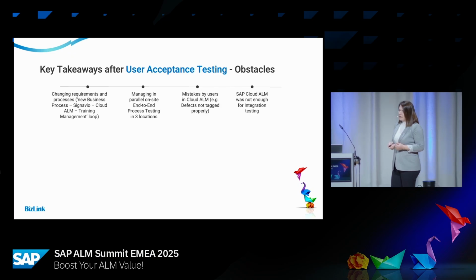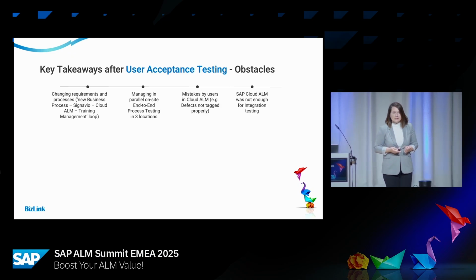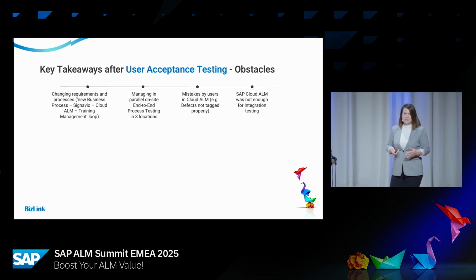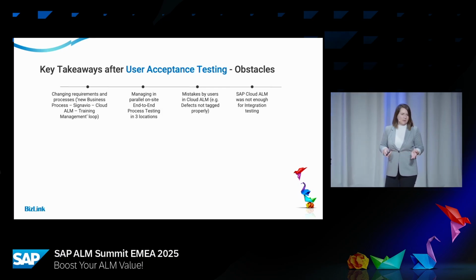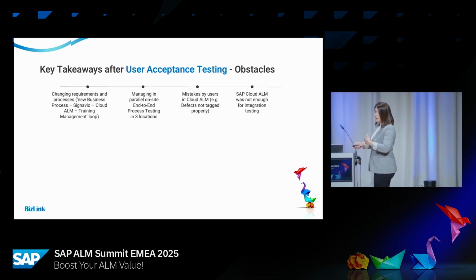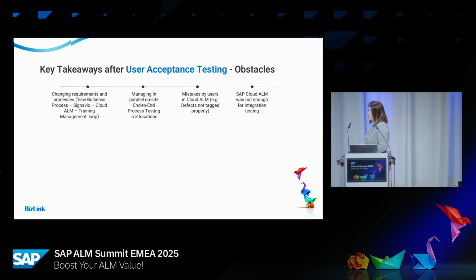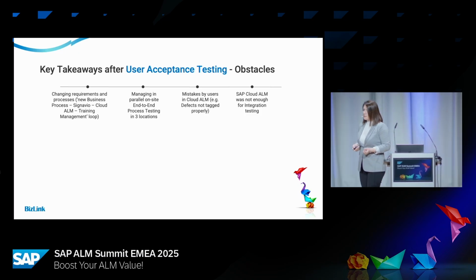What we saw in Cloud ALM is that even if we train business users, they will always make mistakes. So, yeah, your task is to minimize them by bringing templates, by seeing where they struggle, and how you can make it more simple.